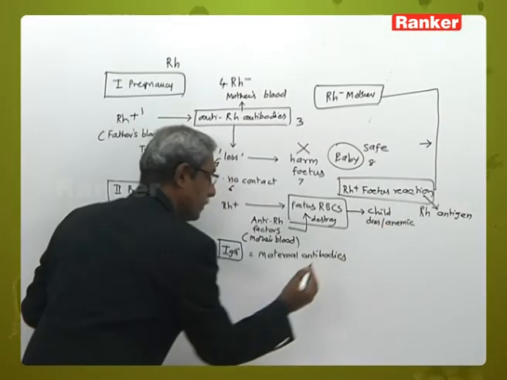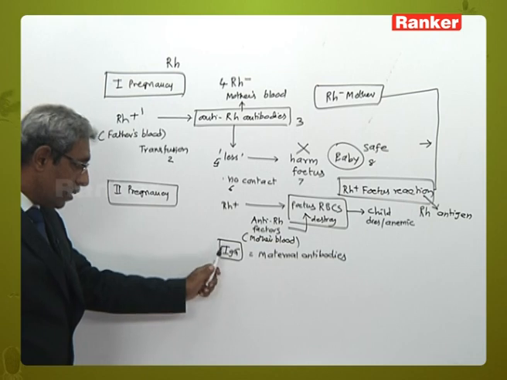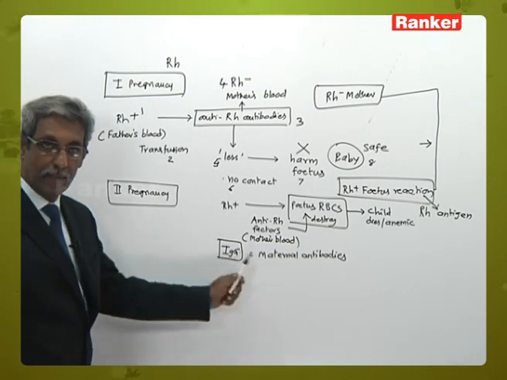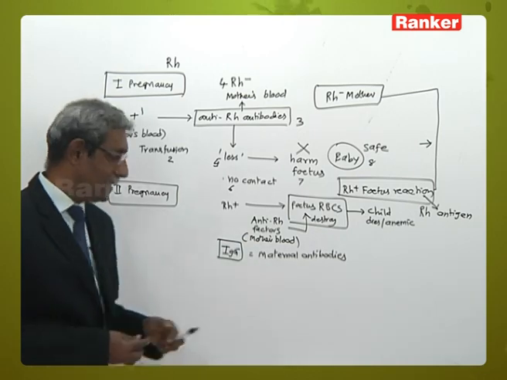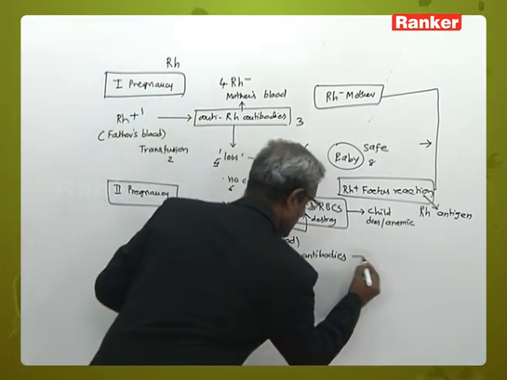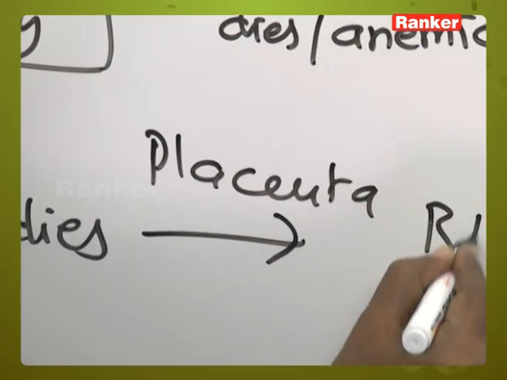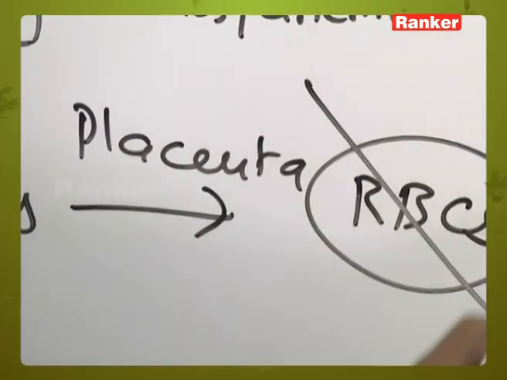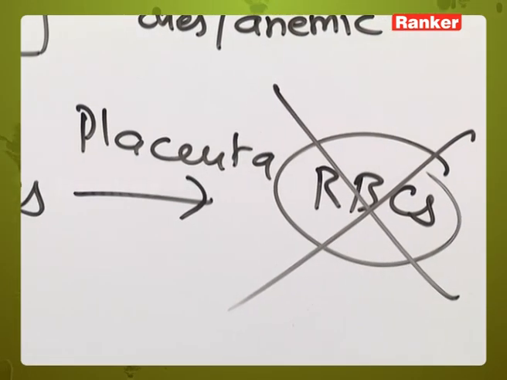So the maternal antibodies IgG cross the placenta. They go through the placenta and destroy the fetus's RBCs. They destroy the RBCs during the second pregnancy.